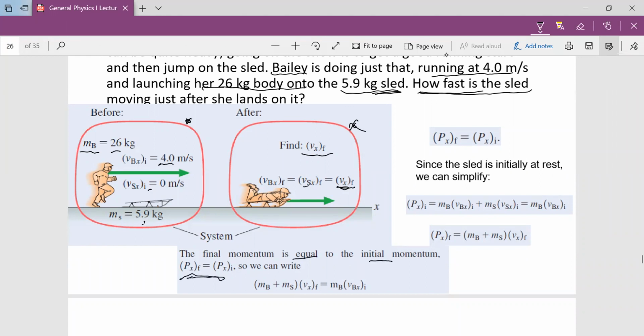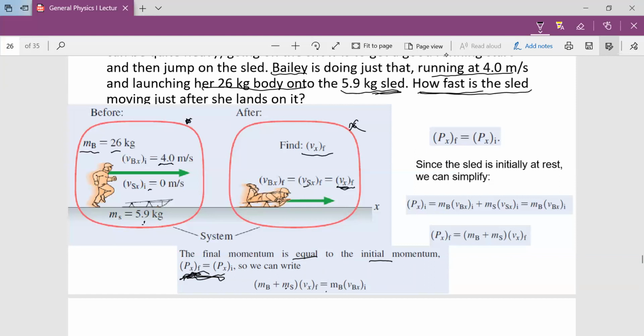Where did this statement come from? From the conservation law. And momentum, as we know, is mv. So we can see the mass of Billy and the mass of the sled times v for the final outcome, which is P final, to be equal to P initial.